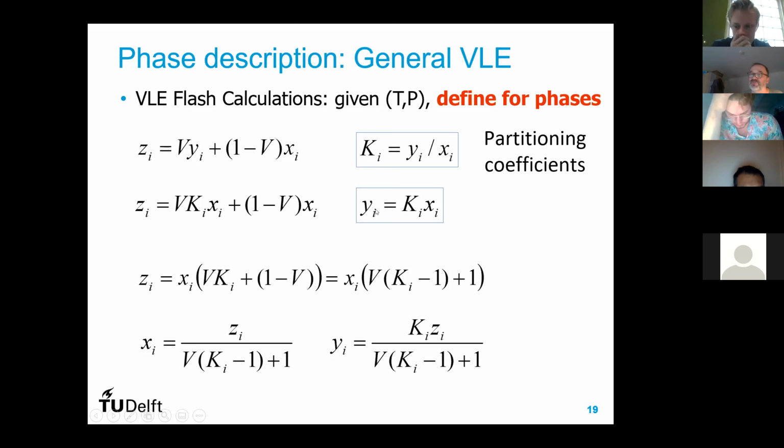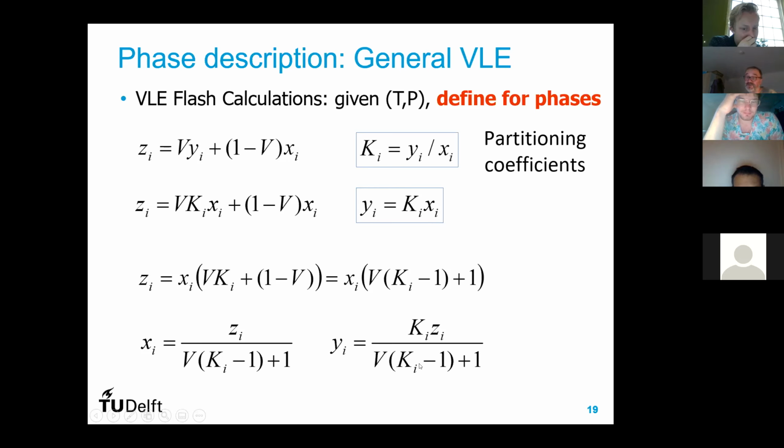First substitute Y as Kx instead of Y here, get this. Then rearrange, just take X out of the brackets. Get this, and now I divide, so find X as a function of Z. So divide this relation by this bracket, get this and find this.